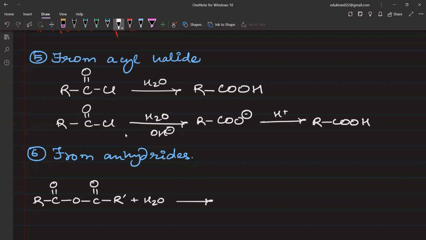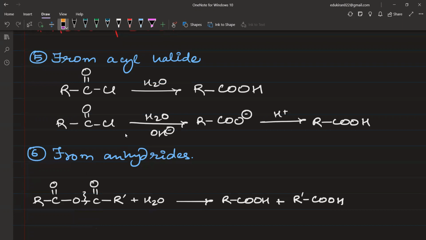You have HOH, right? ठीक है, तो एक तो ये bond break कर जाएगा, and then oxygen atom will get this hydrogen, this carbon atom will get this OH. So you will get RCOOH plus इधर से आपको क्या मिलेगा? R dash COOH. So you'll get 2 molecules of carboxylic acid. Okay, you will get 2 molecules of carboxylic acid.